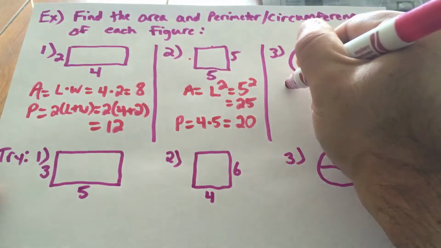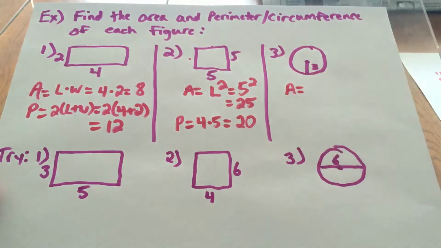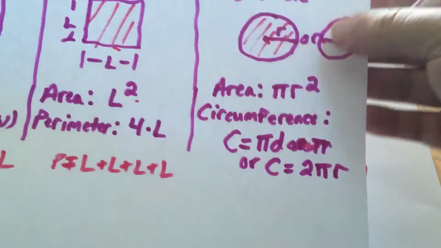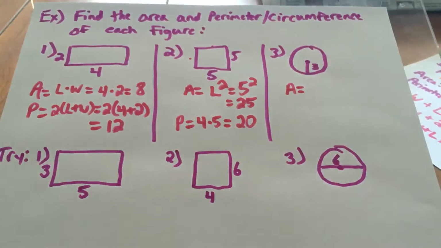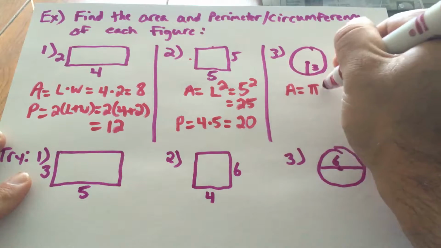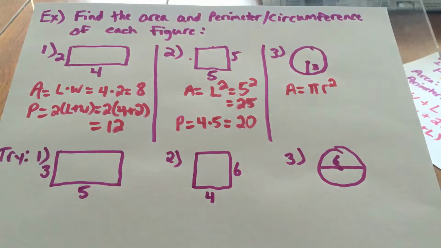So those are easy enough. Looking at the circle, we want to use the area of a circle. Remember from our formulas, the area is pi r squared. Remember that pi is just a number in math that has a repeating decimal that never ends, but we can approximate pi to be 3.14.